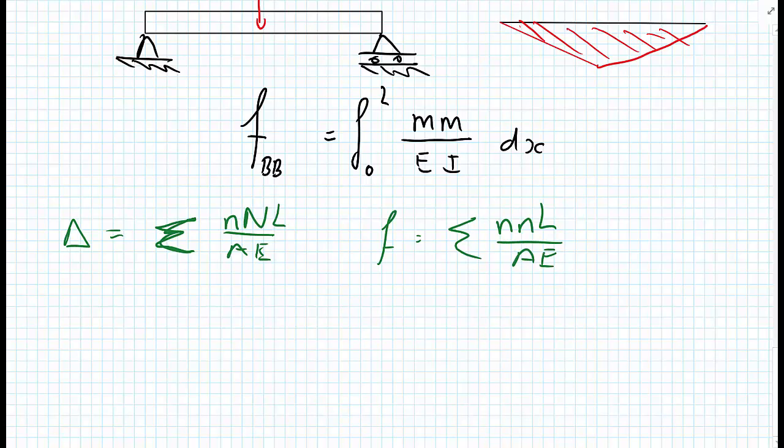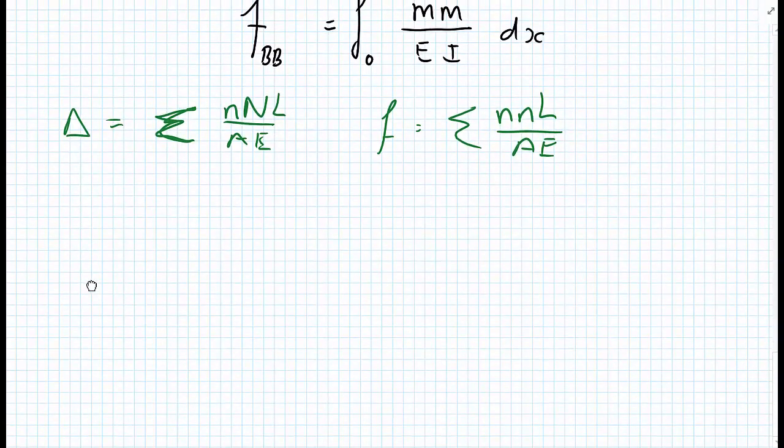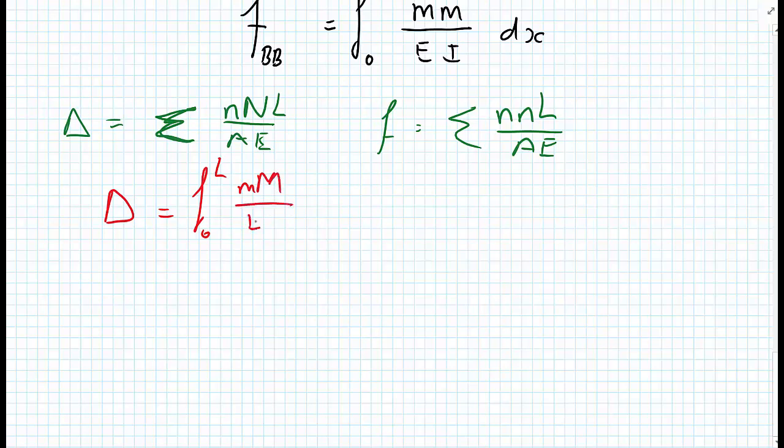And so for beams we have very similar now, that the delta equals the integral between 0 and L of m little m over EI dx, and the flexibility coefficient is equal to the integral between 0 and L of little m squared over EI dx.